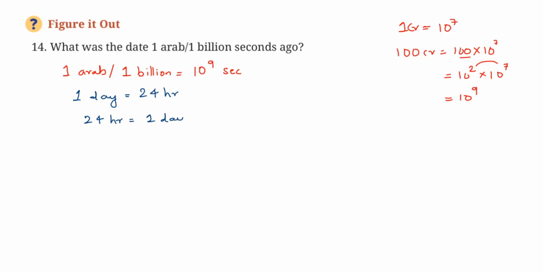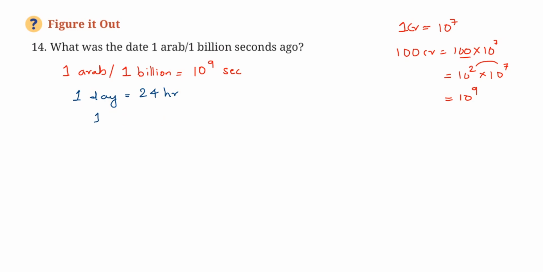Now here I want to write how many days are in 1 minute. I want to convert this in terms of days. Whenever you're converting a smaller unit to a higher unit, you will divide. So let me rewrite this. 1 day is equal to 24 hours.